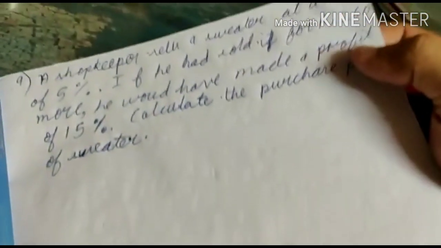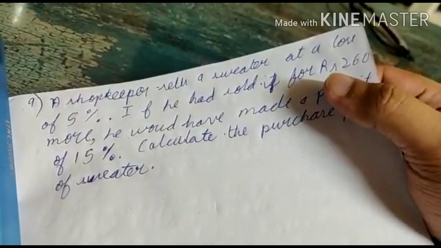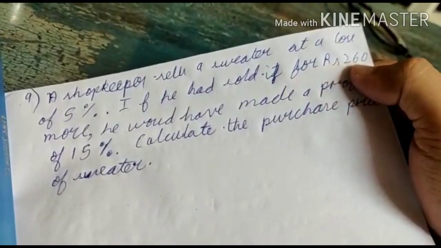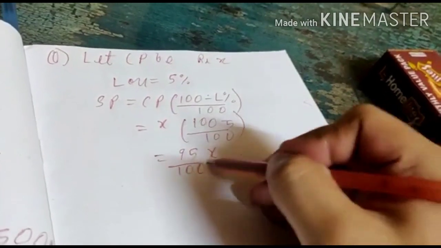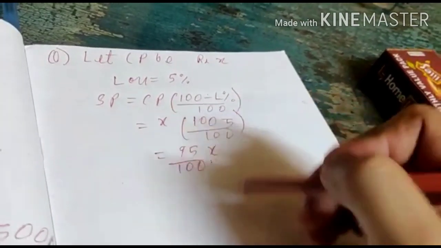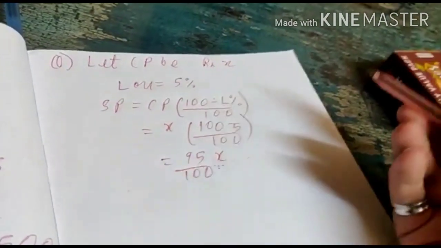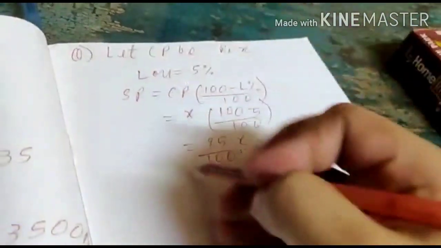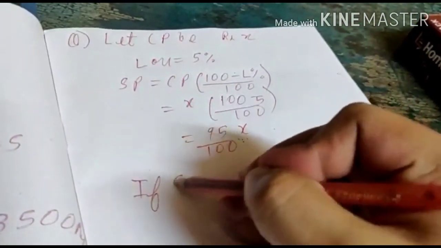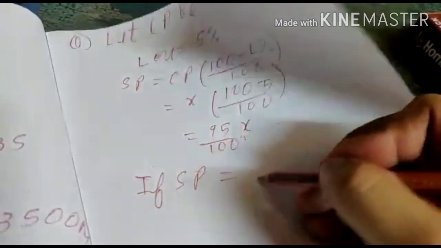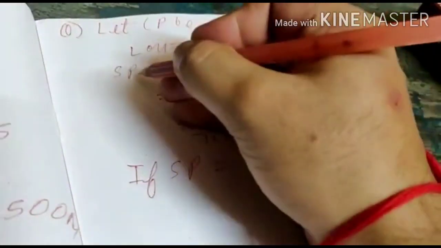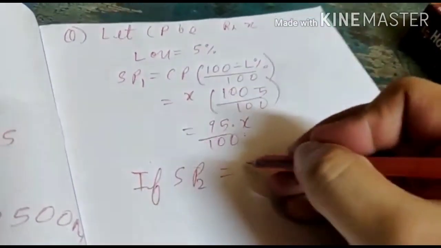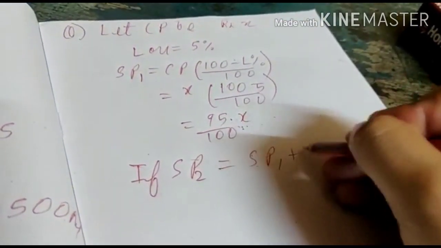The question says if he had sold it for rupees 260 more, that means on this SP he would have sold for rupees 260 more. Like this was SP1, SP2 is equal to SP1 plus 260.